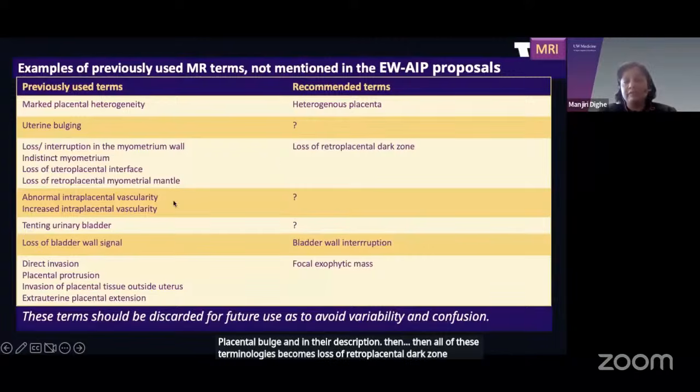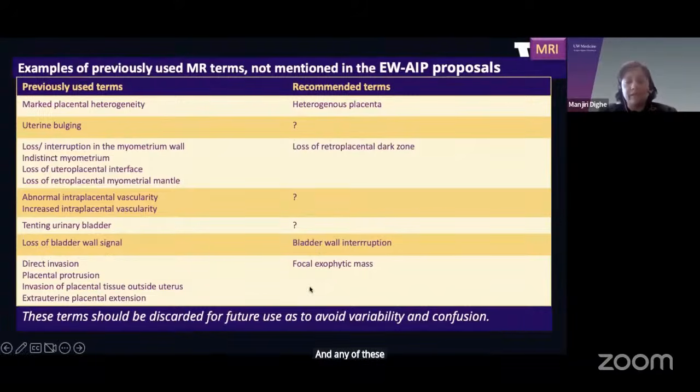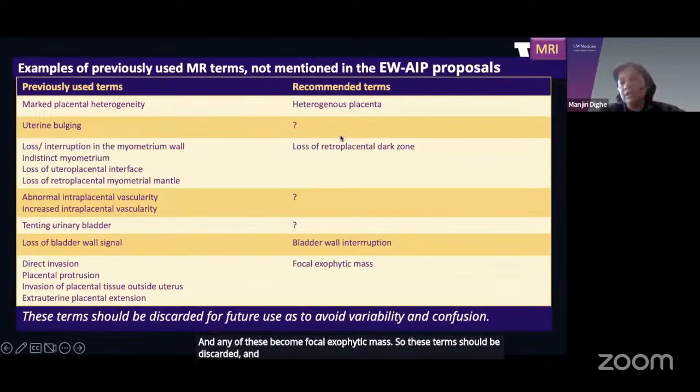They don't have anything for abnormal intraplacental vascularity or increased intraplacental vascularity. They don't really talk about tenting of the urinary bladder. Loss of bladder signal becomes bladder wall interruption, and any of these become focal exophytic mass. So these terms should be discarded, and you should use the recommended terms in order to avoid variability and confusion as well.